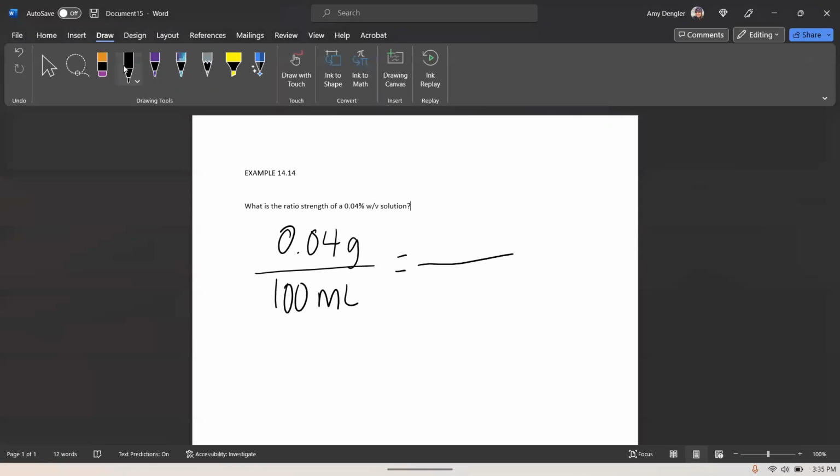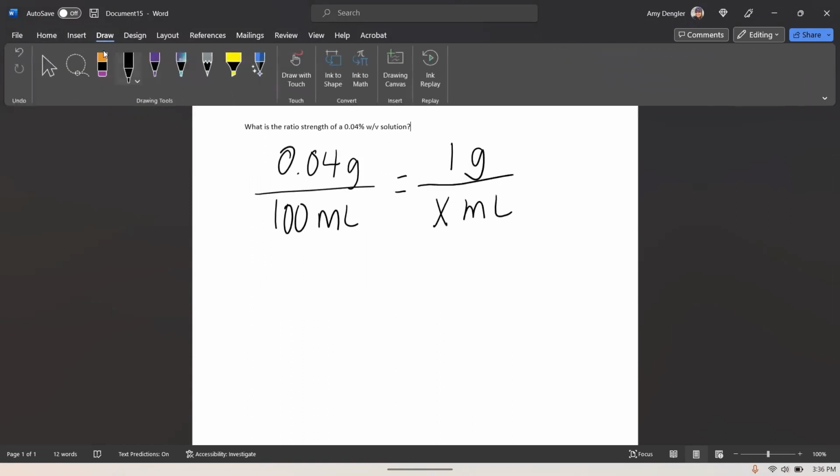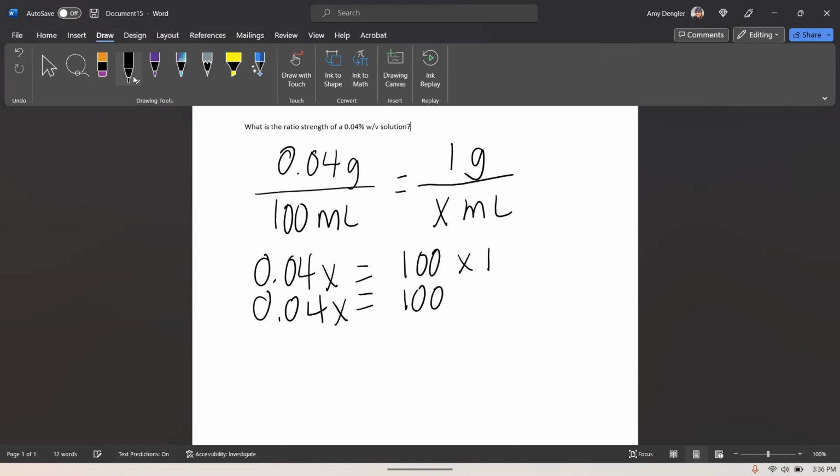Now, for these ratio strength problems, our ratio is always going to be 1 to whatever. So this right here is going to be 1 gram. We can find out this to find out how many milliliters to find out our ratio strength. So we're going to do 0.04x is equal to 100 times 1. So by now we know 100 times 1 is 100, and we have 0.04x.